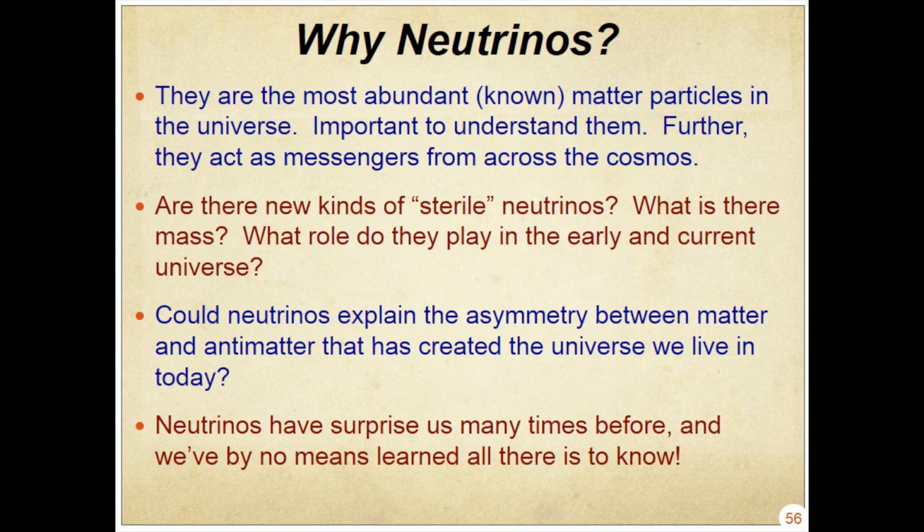Why is the universe we inhabit today so asymmetric, given that all the fundamental rules that matter obeys are so symmetric? And yet here we are in this asymmetric universe of positively charged protons, negatively charged electrons. You know, where are all the anti-chairs and the anti-clocks, right?